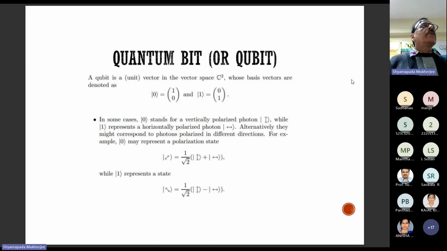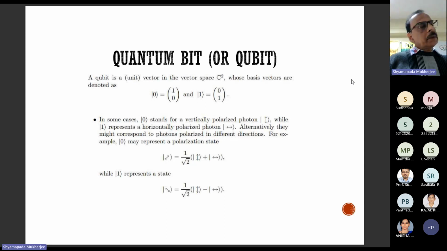Now you see, the smallest bit of information in a classical computer is 0 and 1. But here the smallest bit of information is a qubit. And what is a qubit? A qubit is actually a vector in the vector space C2, and that vector space is a Hilbert space.